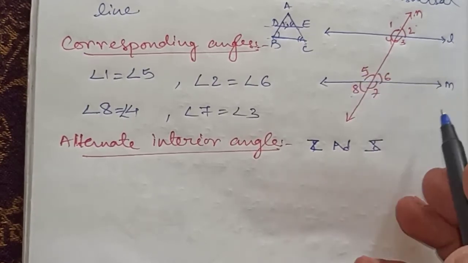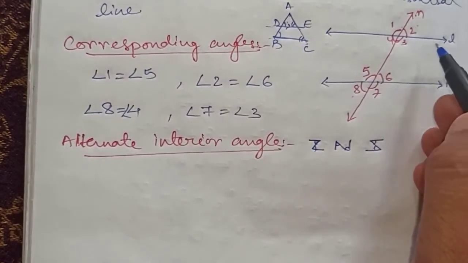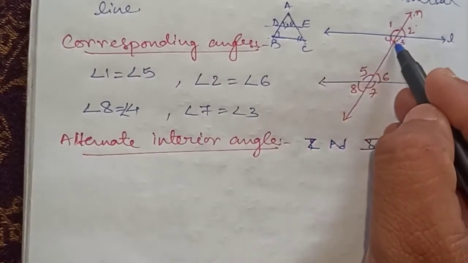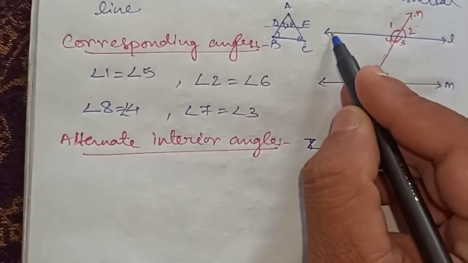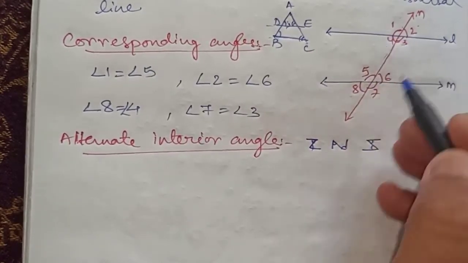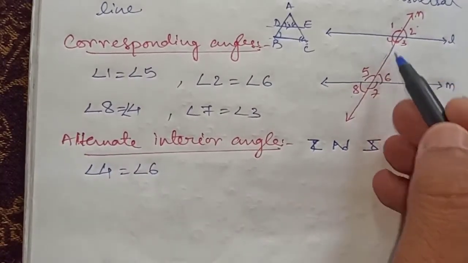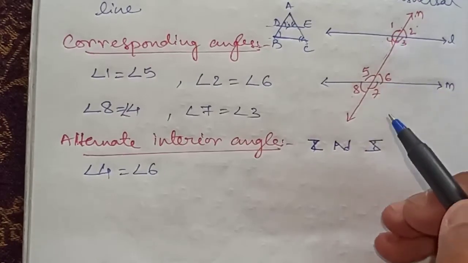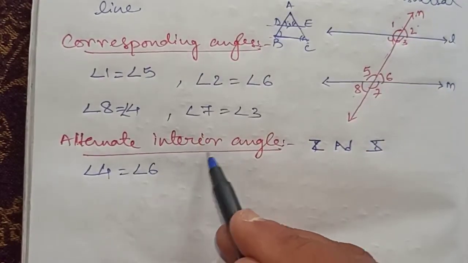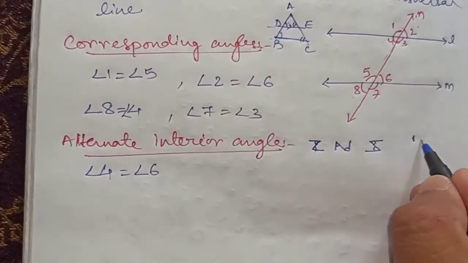From this figure, can you find any Z shape? Look here. This line going in this way looks like a Z shape. So angle 4 equals angle 6. Alternate interior. Alternate means one after the other. Suppose I write three numbers.